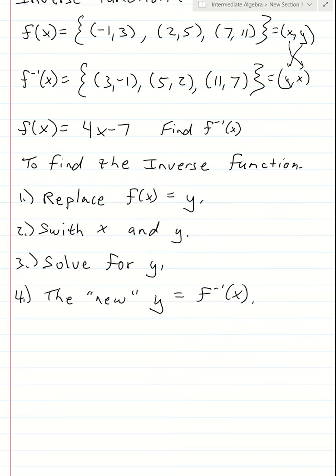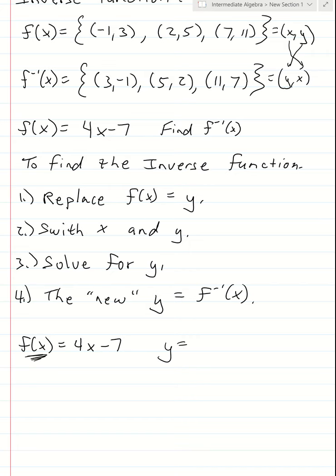So let's see how we're going to do that. So let's go back to the original problem that we had here, that f of x equals 4x - 7. And we want to find the inverse. So what do we have to do? We're going to replace f of x, okay, we're going to replace this f of x with the variable y.